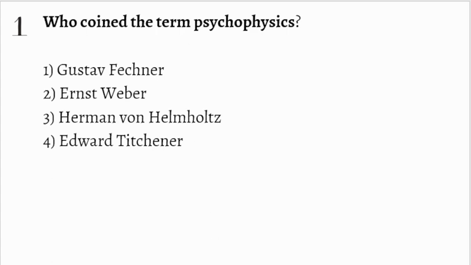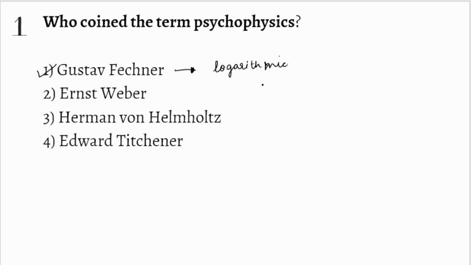The term psychophysics was coined by Gustav Fechner, and Gustav Fechner was really inspired by the work of Ernst Weber. Fechner also gave one of the laws of psychophysics, where he said that there is a logarithmic function of the changes in the stimuli in terms of the initial stimuli.